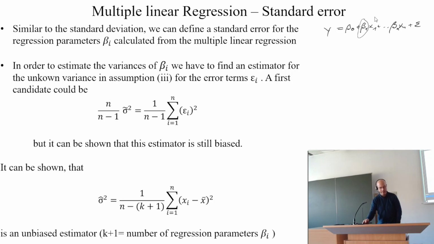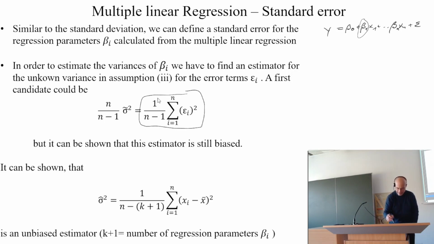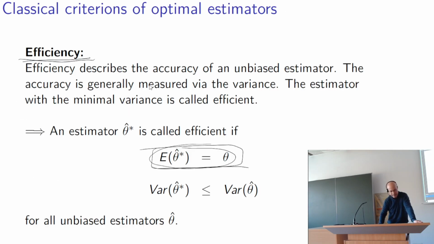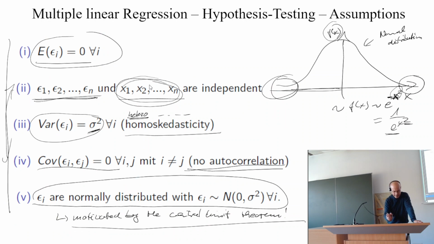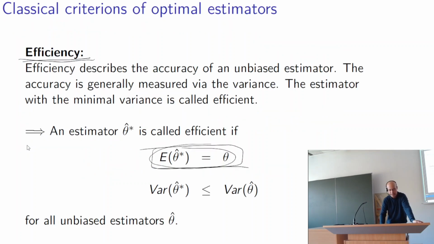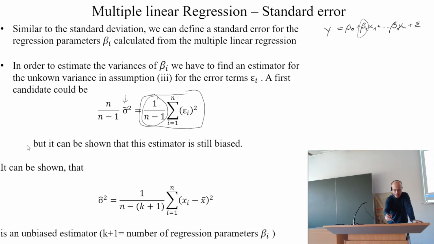Well, for this, again, we could say, since we already know that in the two-dimensional case we divide the sum of the squared errors not by n, but by n minus 1, and since we assumed, I think this was assumption 3, that every single variance of our errors should be the same, that we could take this from the two-dimensional case to the multi-dimensional case, and again just divide by n minus 1.